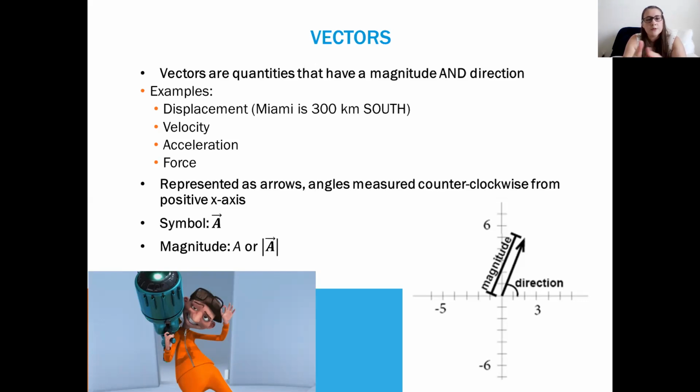So the symbol there, I just wrote a generic vector. If we're talking about vector A, for example, you would see it written in bold with a little arrow symbol over top. Like if you're looking in a textbook, that's how they would show a vector quantity as opposed to a scalar quantity. The magnitude would be just the letter by itself, not bold, no little arrow on top.